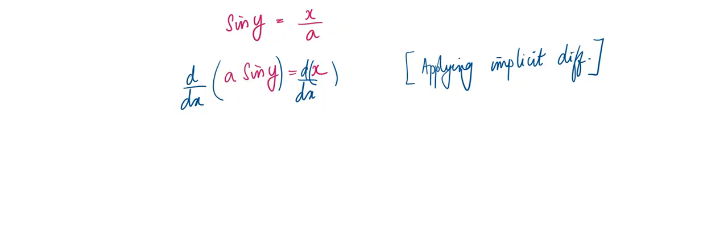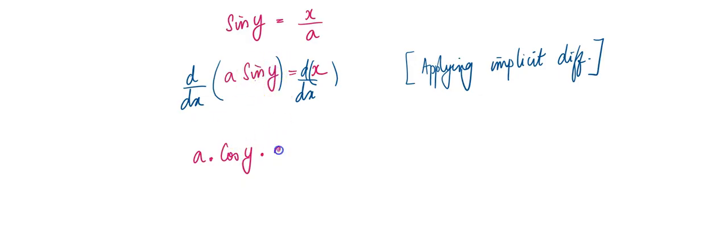But here it's pretty straightforward, so we can go ahead with a, which is constant, pulled out, and the derivative of sine y with respect to x would then require chain rule because of implicit differentiation. So the derivative of sine y is cosine y, that's the derivative of the outside, times the derivative of the inside.